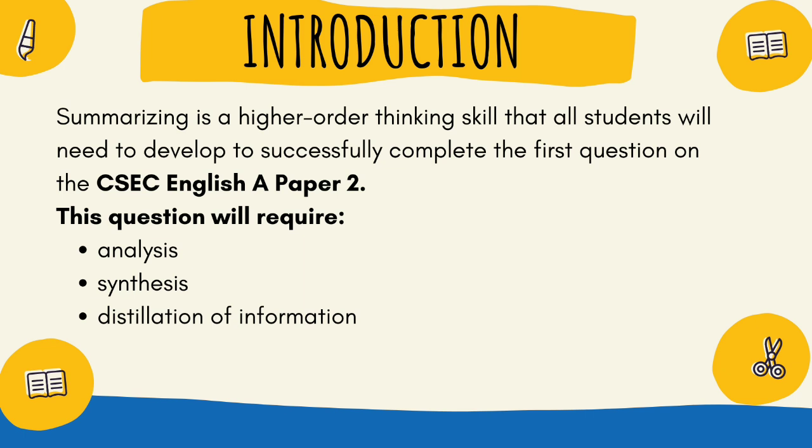This question will require analysis, synthesis, and distillation of information. In terms of analysis, before you start summarizing, you have to analyze the text, that is the original text, so that you find the essence of it.